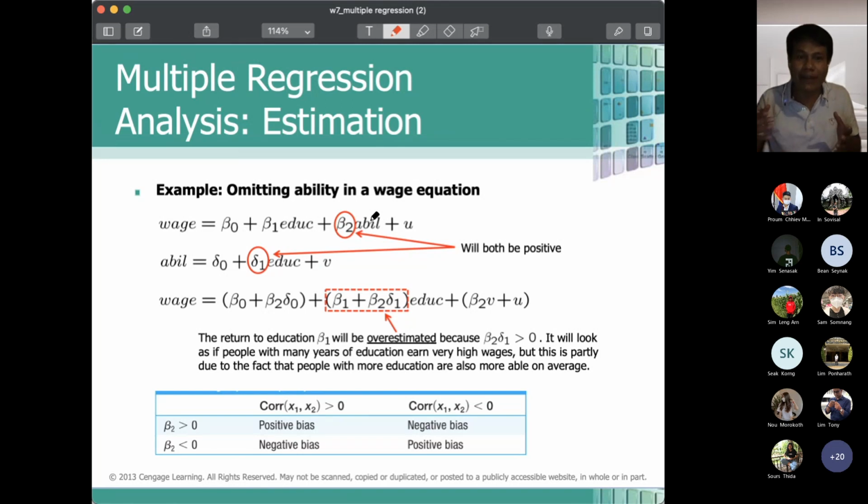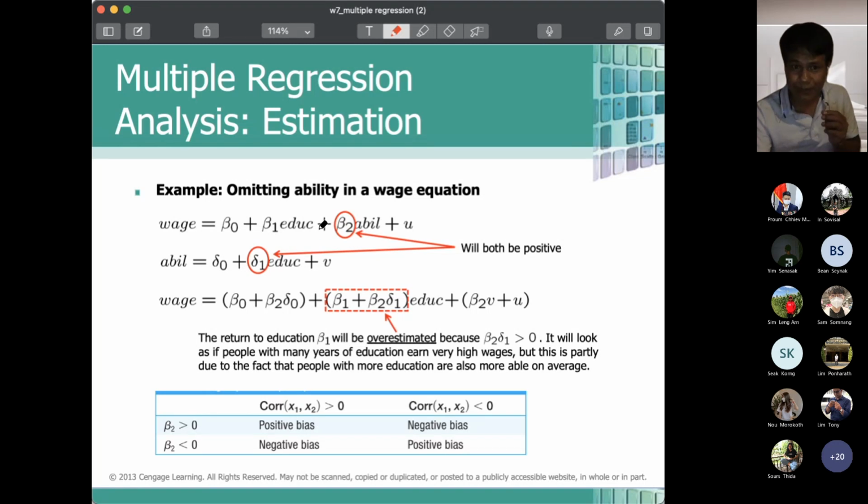Because when they have higher ability, they tend to be able to graduate. So normally education and ability jointly affect wage. So we have to separate the effect of education and ability. So in our true model, we need two different variables. One is education, as you can see, another one is ability.